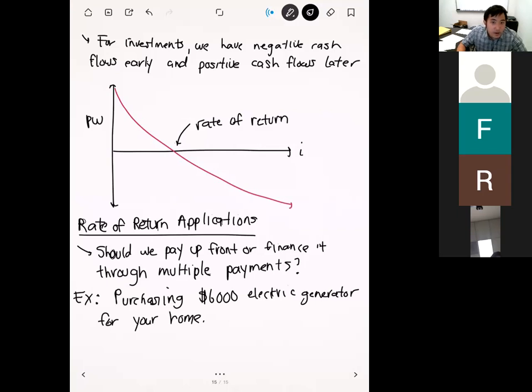After negotiating with the vendor, they said that if you choose to pay all up front, they're going to give you a 15% discount. So instead of $6,000, they're going to sell it to you for $5,100 of today's money.